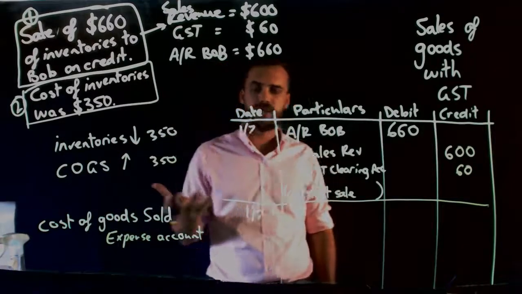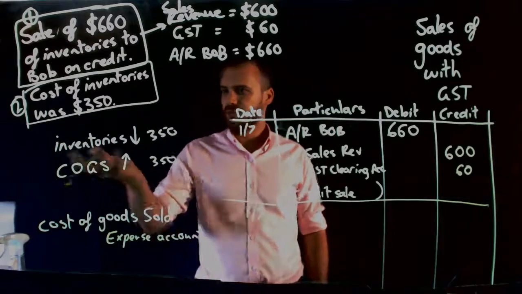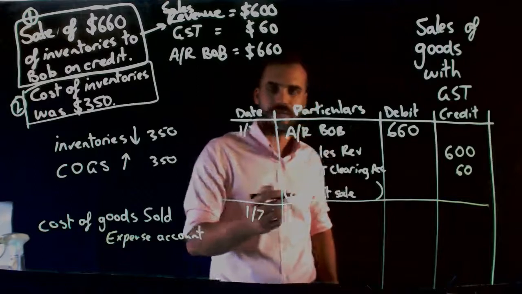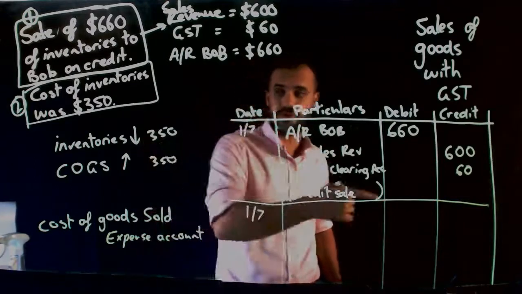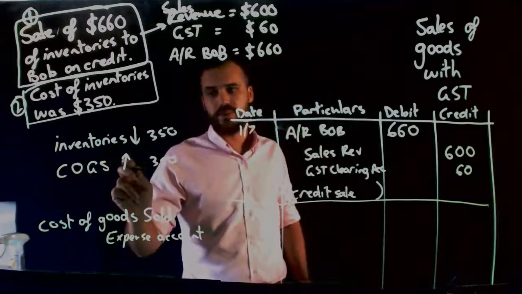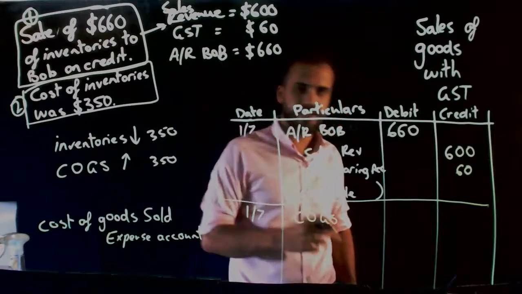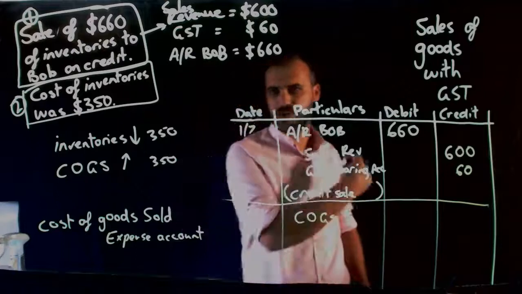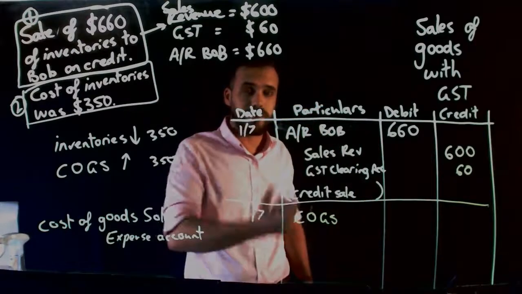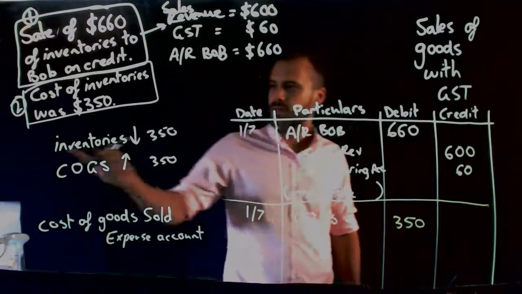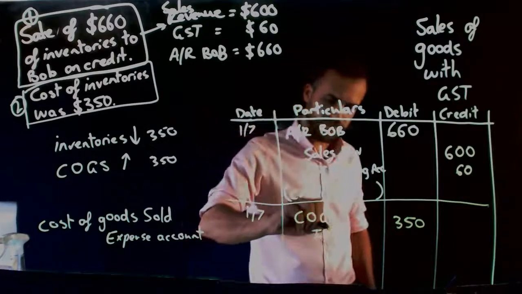That's it. That's all we need to know now, because we can figure this out. Inventories goes down by $350, so that means that inventories must be an asset going down, which is a credit. Cost of goods sold is an expense account going up. Now, some teachers would tell you to write cost of goods sold, but every accountant in the world knows what COGS means. Inventories goes here.